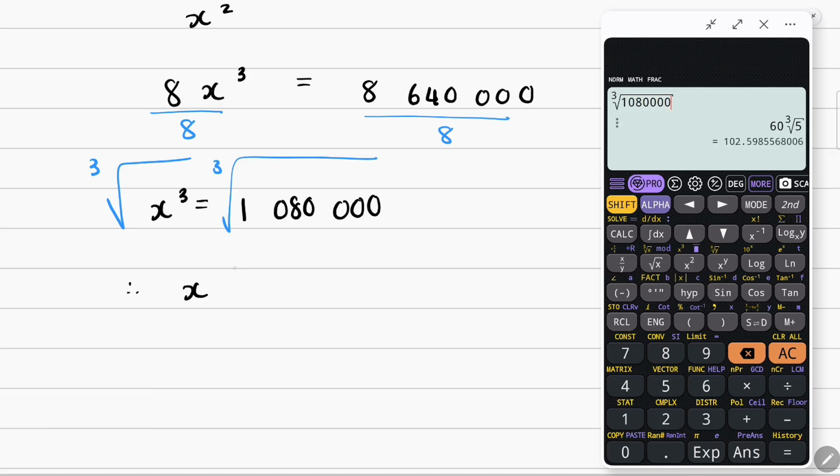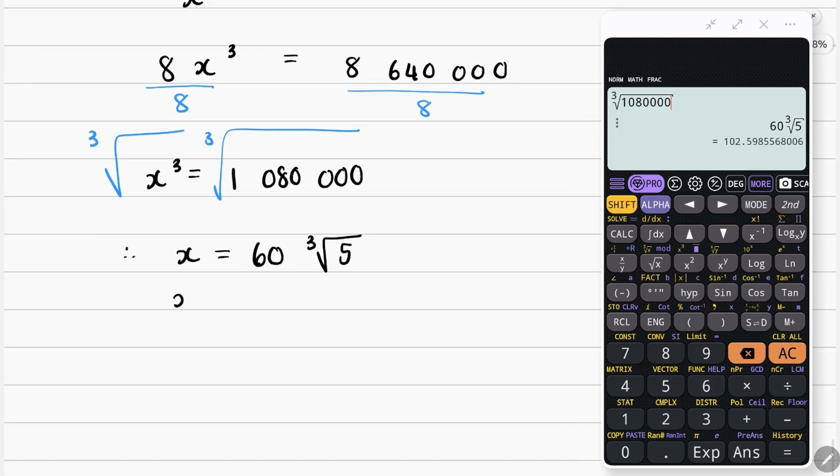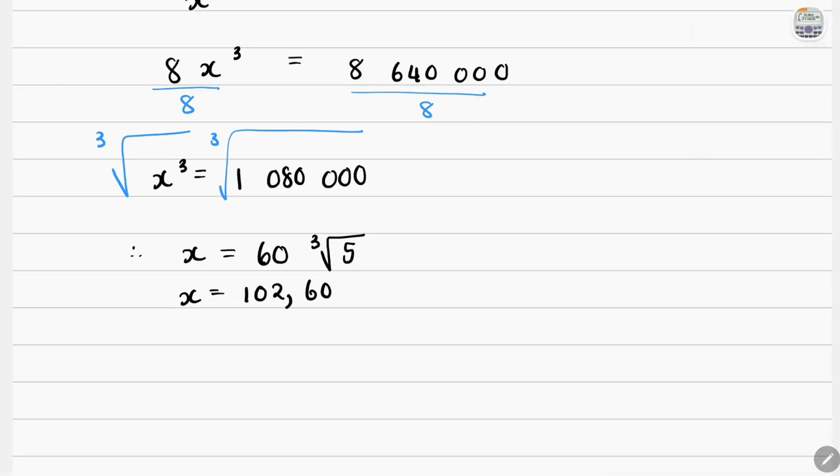Okay, and you can see what it gives us. It gives us 60 cube root of 5, okay? And in decimal form, well, you can't leave it like this because you have to round out to 2 decimal places either way. So that is 102 point, and that is going to round up, making that a 6. So 0.60.